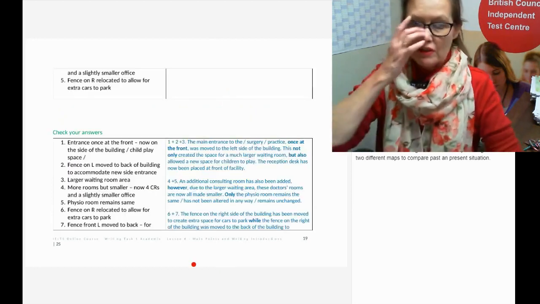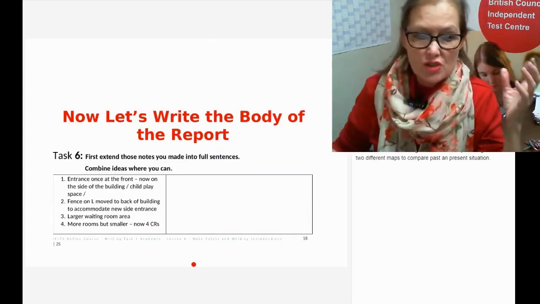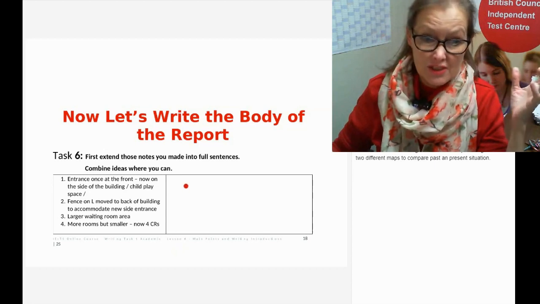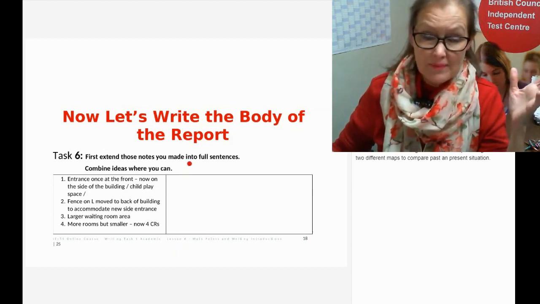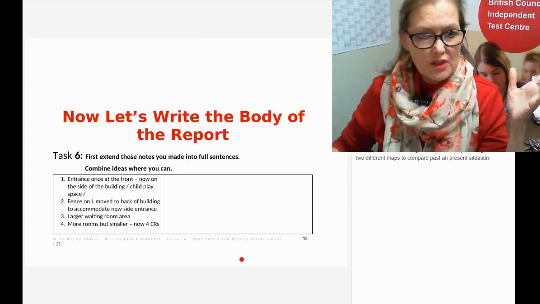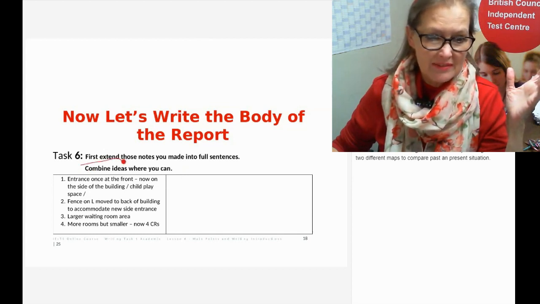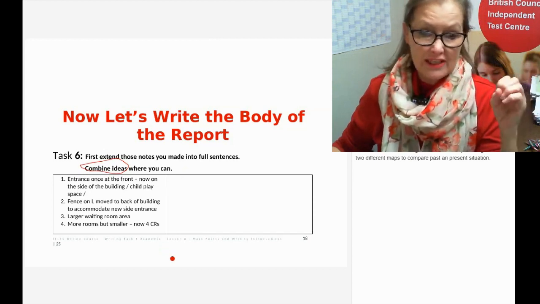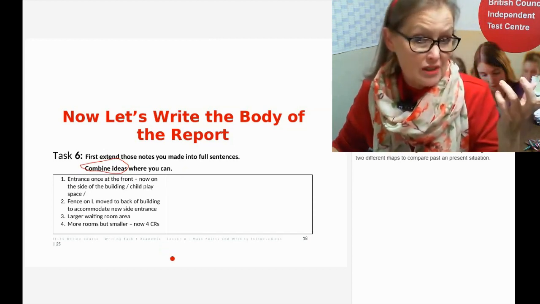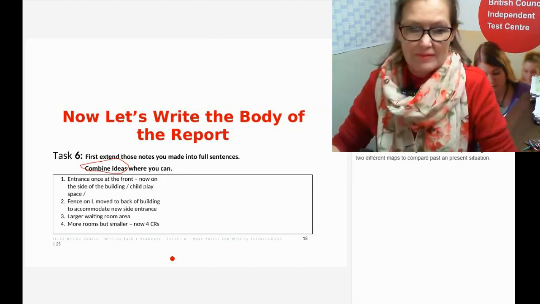Okay. So have a look at points 1 and 2. And what I want you to do is try to extend these notes, those original notes that you made, into full sentences. And what's important is try to combine the ideas where you can, okay? Because that also means that I can start to use linkers, linking words like and or while or however, okay?